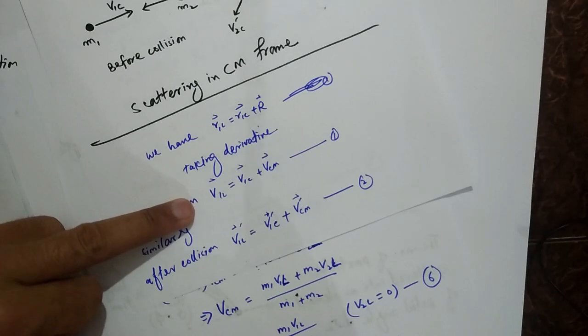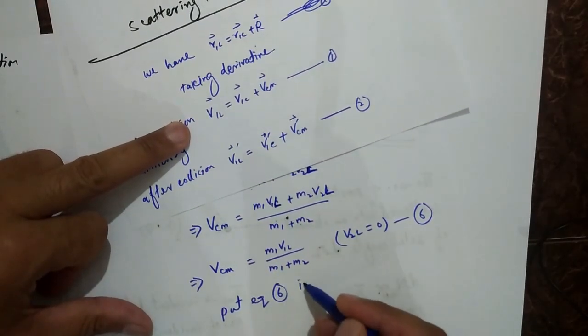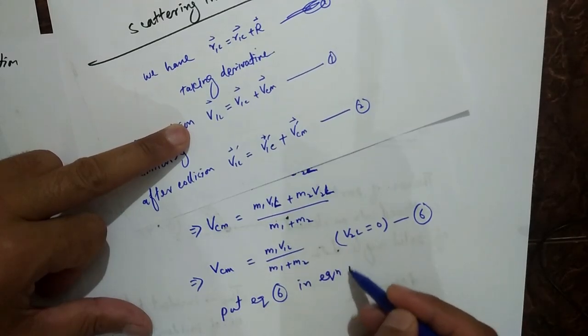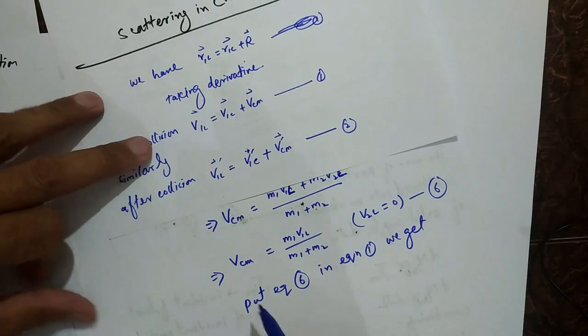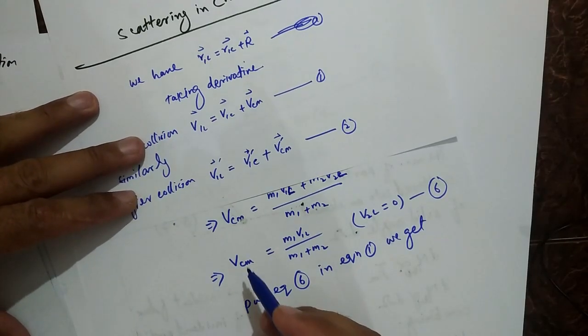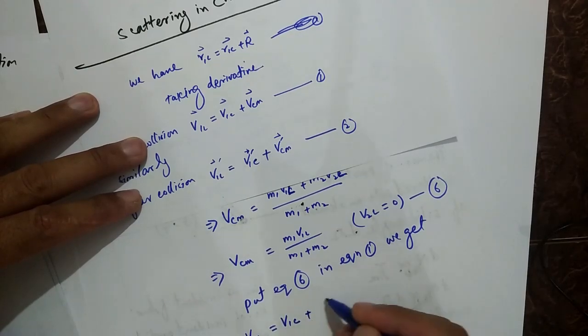So putting equation number 6 in equation number 1, we get v1L is equal to v1c plus m1 v1L upon m1 plus m2.